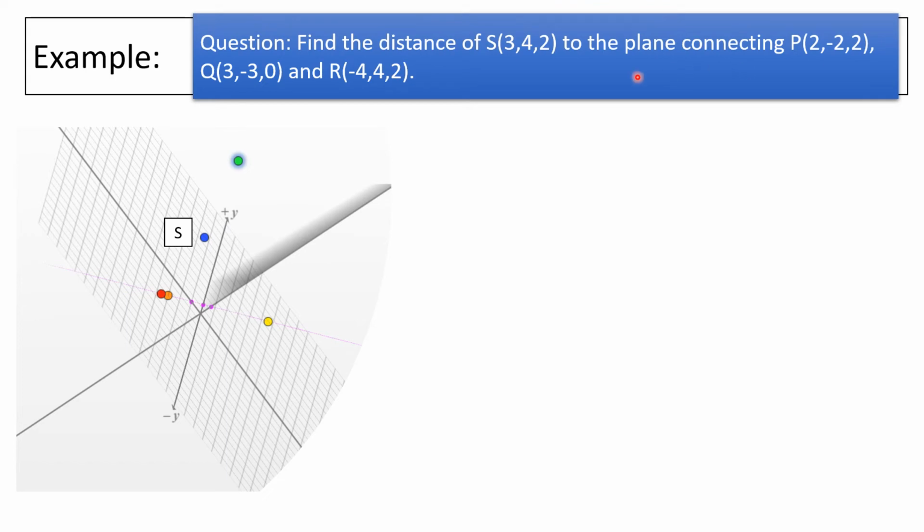So now let's take the example of a point in space which is given by S (3, 4, 2) here, and we want to find the distance from the blue point here to the plane that connects the 3 points P, Q, R. So basically the first thing that we need to do is to find the vector that connects one of these points on the plane to the point S. And then what we do next is to find the point which is directly perpendicular to the plane, and you find the unit vector, and the last step is to take the dot product between the two.